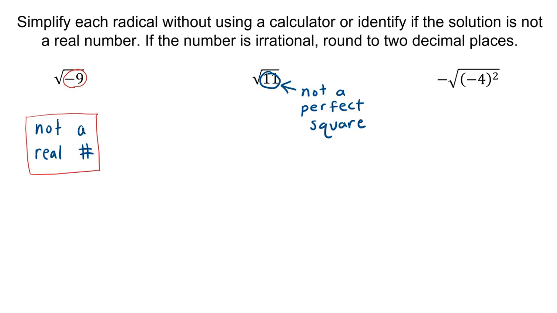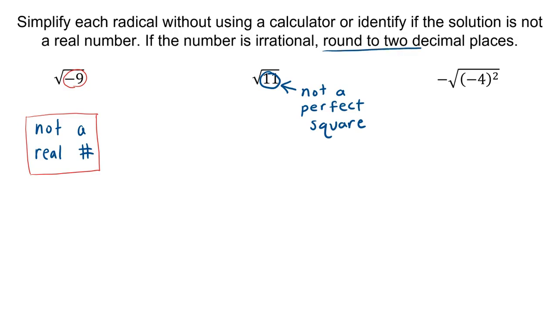So the square root of 11 does exist, but the result of square root of 11 is a non-terminating, non-repeating decimal. It goes on forever. So when we come across these types of examples, the best that we can do is use our calculator and then round according to how our instructions tell us to round.